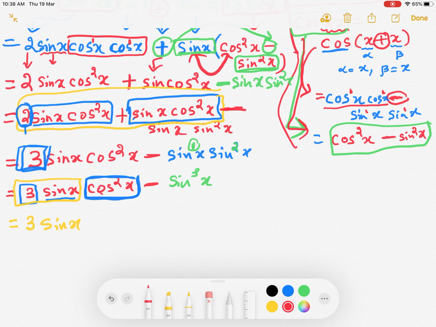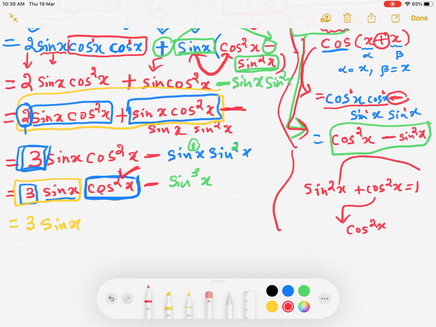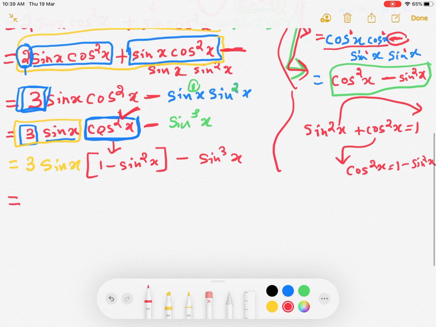So we replace cosine by sine. How to replace it? There is a relationship between cosine and sine. What is that? Sine square x plus cosine square x is equal to 1. Now tell me, what is cosine square x? Just bring this sine to the other side. So 1 minus sine square x. So it will be 3 sine x into 1 minus sine square x minus sine to the power 3x.